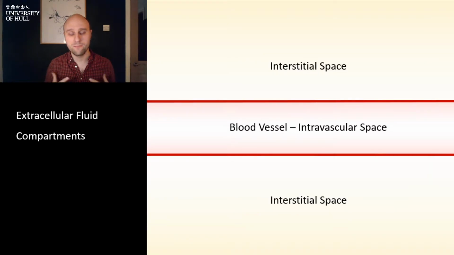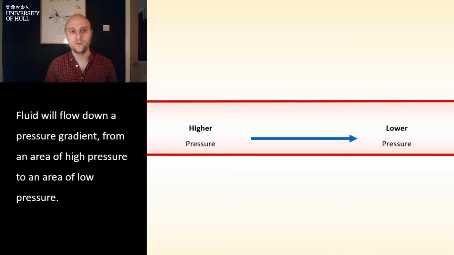Now, for the purposes of this tutorial, we're going to be focusing on the movement of fluid between the intravascular space and the interstitial space, and specifically the movement of fluid between the capillaries and the interstitial space.